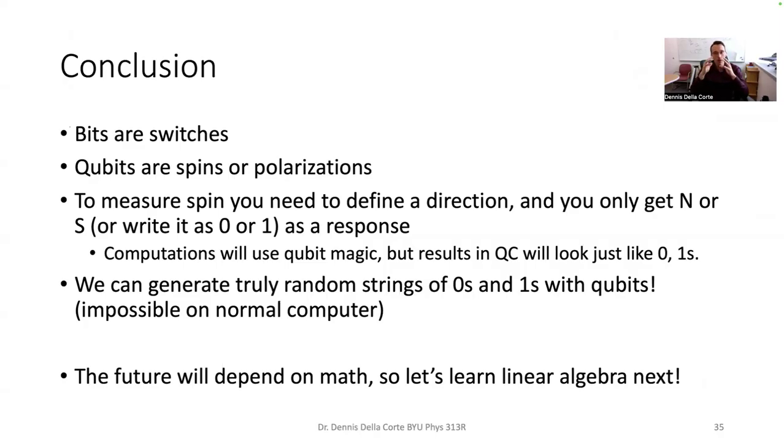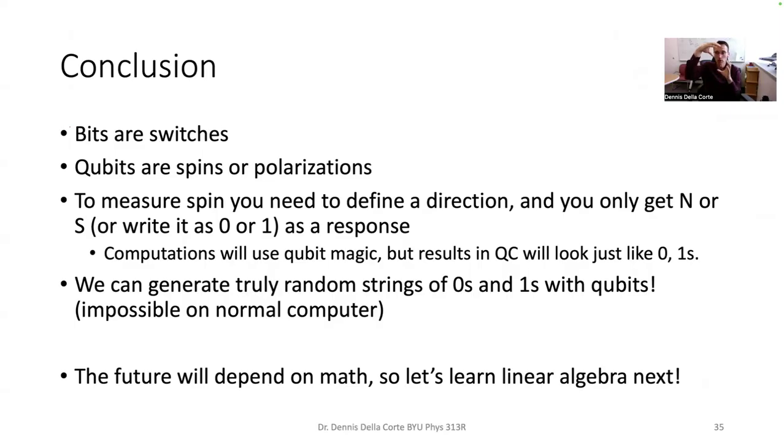If you ever want to measure a spin, it's not enough to just say, hey, I want to measure it. You have to make a conscious decision in which direction you measure. And the only outcome that you can get, if you have a magnet, for example, is an outcome in the orientation of the magnetic axis, either north or south, 0 or 1. Those are the only outcomes that are allowed.